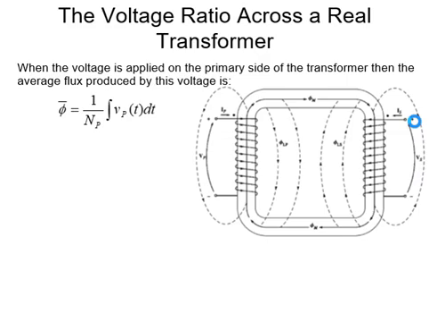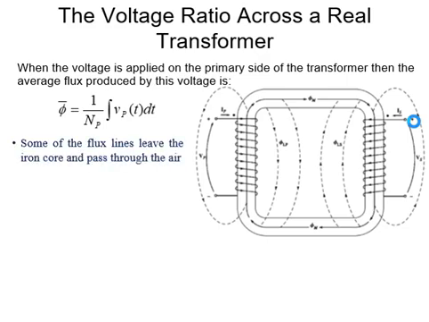So these lines would be leakage flux lines. L is for leakage and P is for primary. Similarly, phi LS is for the secondary. Now we will see these in the form of equations.